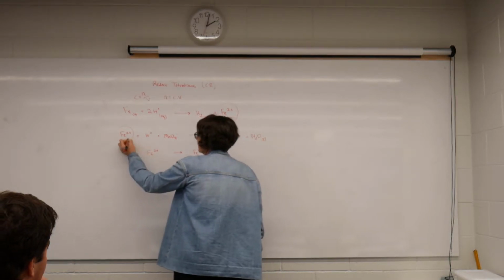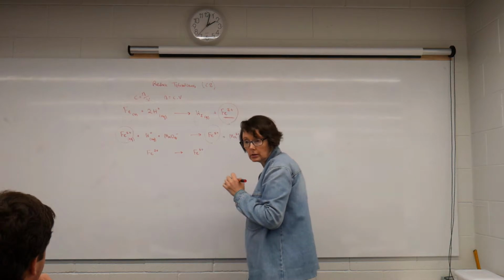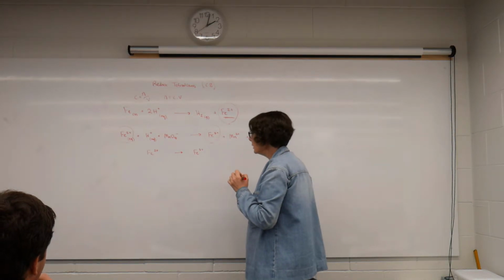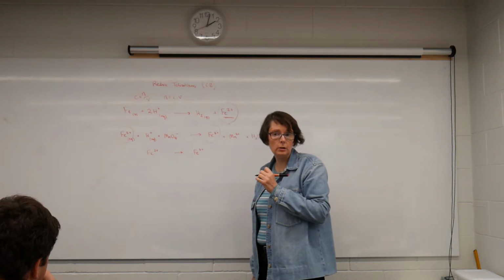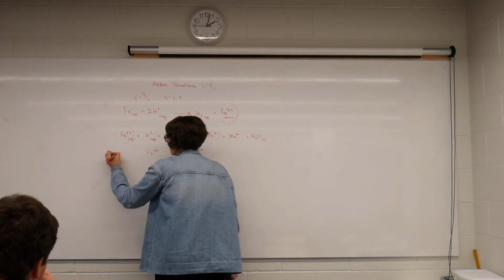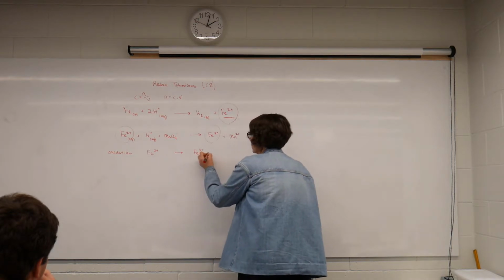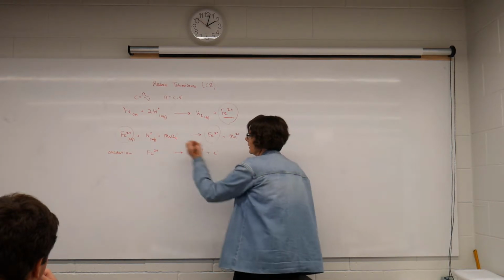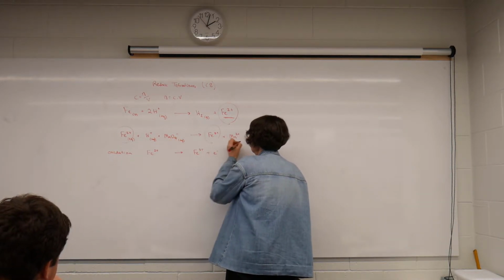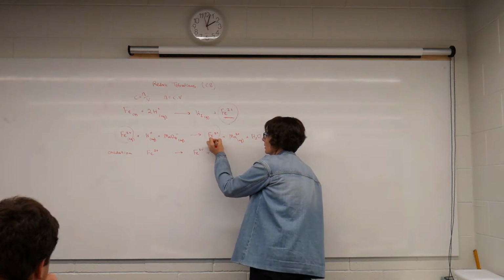What's happening with this one? What is it? It's losing an electron, so what kind of reaction? Oxidation. It's oxidation. And so our electron goes on that side there. What do I need then for my next half equation?